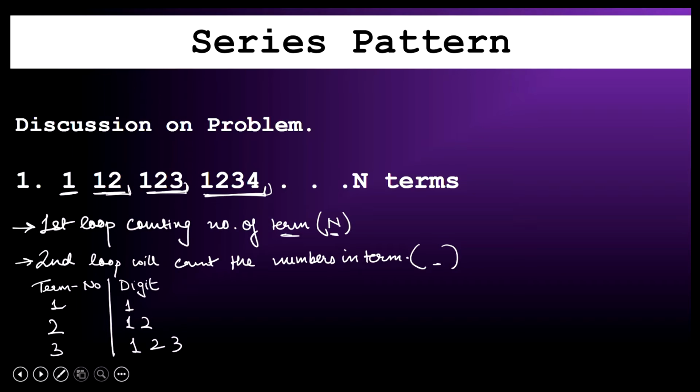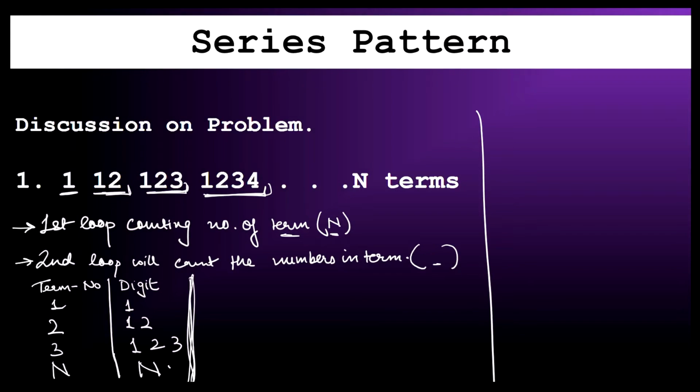And up to term number n, it will be n. So like the previous one, the number of digits increases as the term number increases. So the loop system will be quite similar to the last one, but here we have a change to make. The first loop will be similar to the last one.